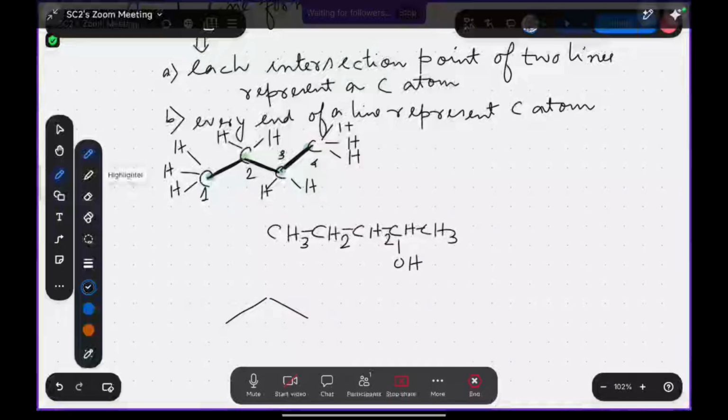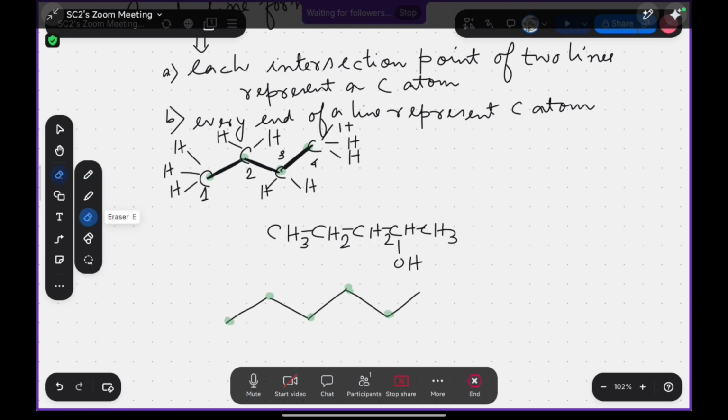So this is 1 carbon atom. This is the second carbon atom. The third carbon atom. The fourth carbon atom and the fifth carbon atom. You need not show the other bond because we are having 5 carbon atoms.